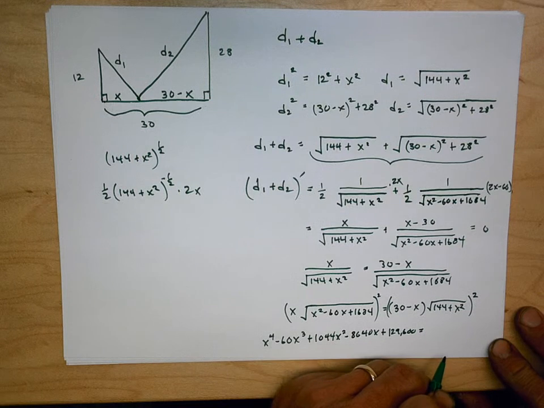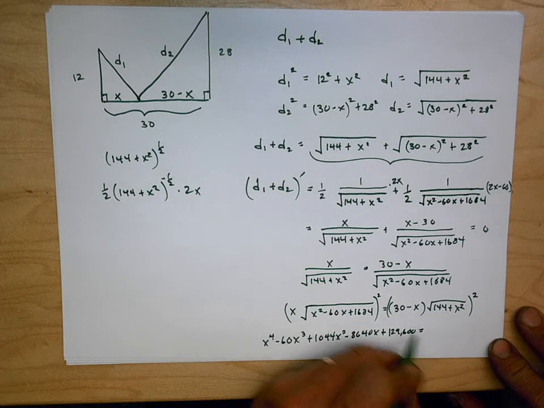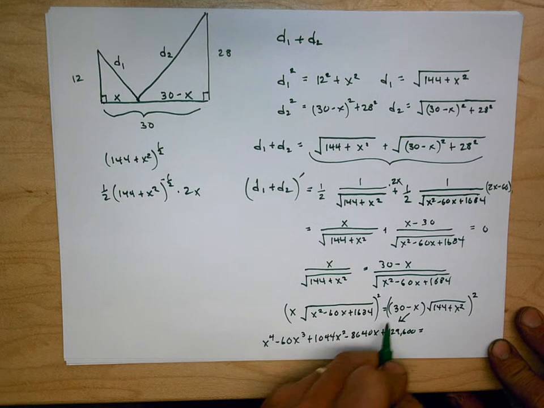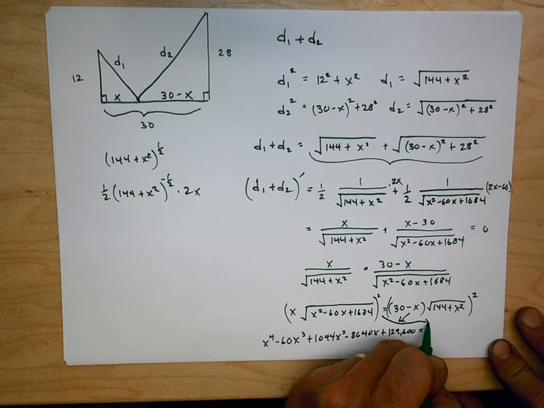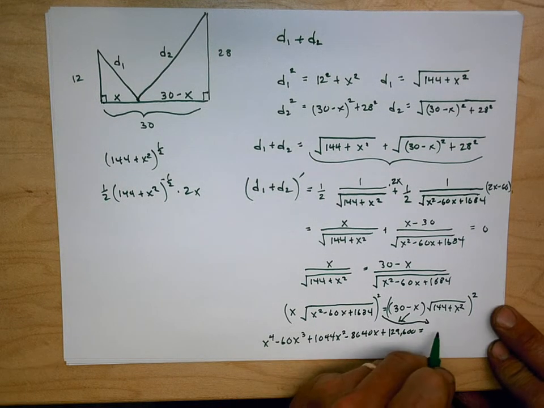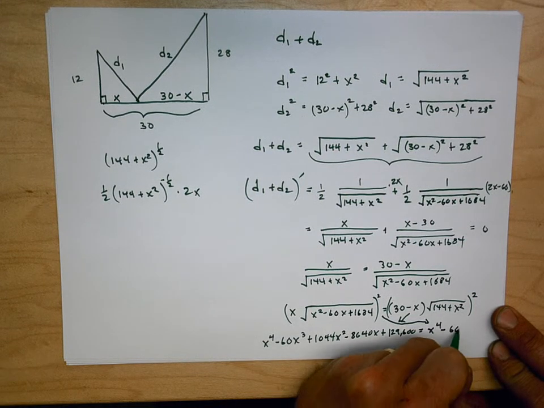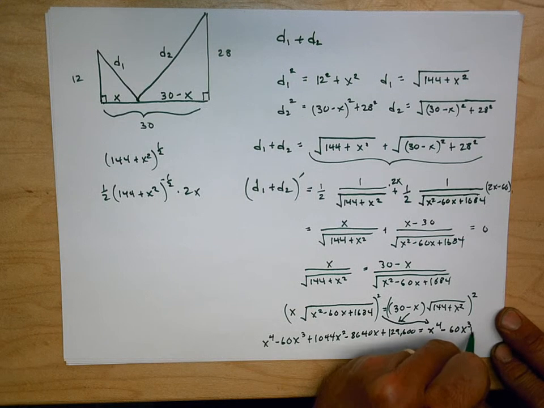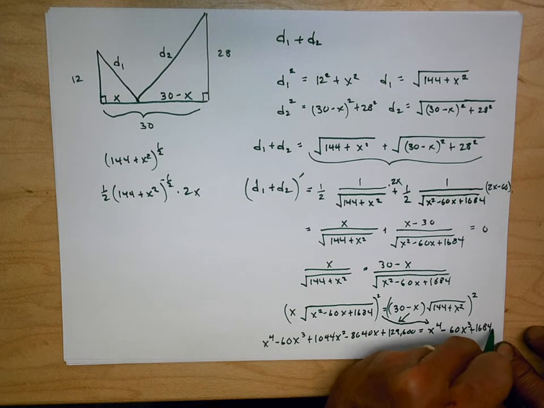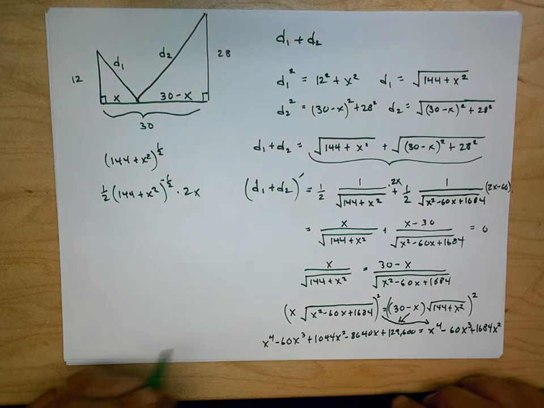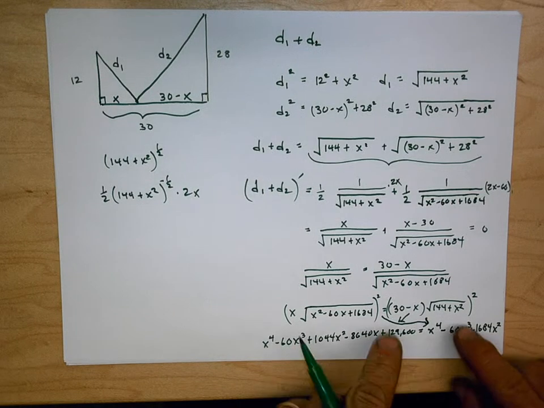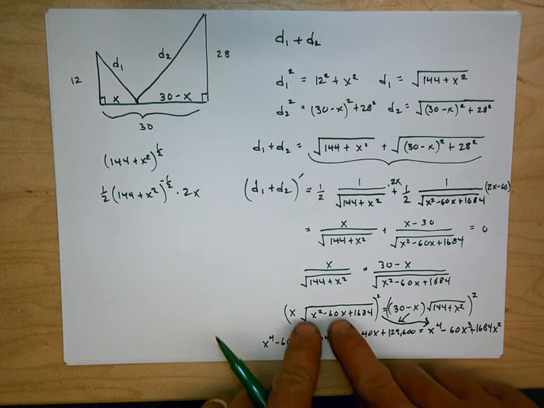let's see, is that right? No, that's actually this. And so this comes over here. This is a little bit simpler. I just end up with x to the fourth minus 60x cubed plus 1684x squared. All right. So squaring this gives me this. Squaring this gives me this. I got those backwards.